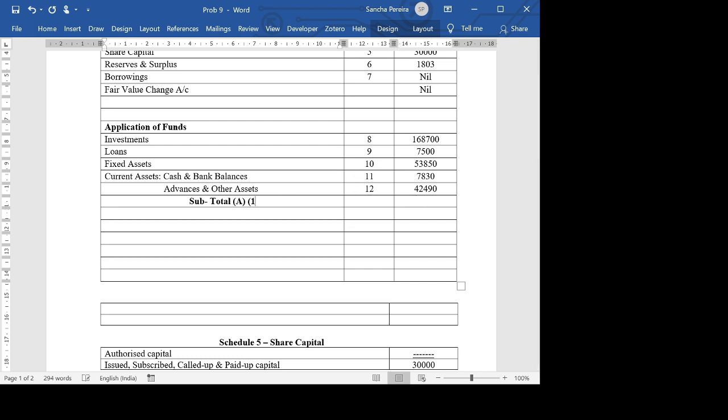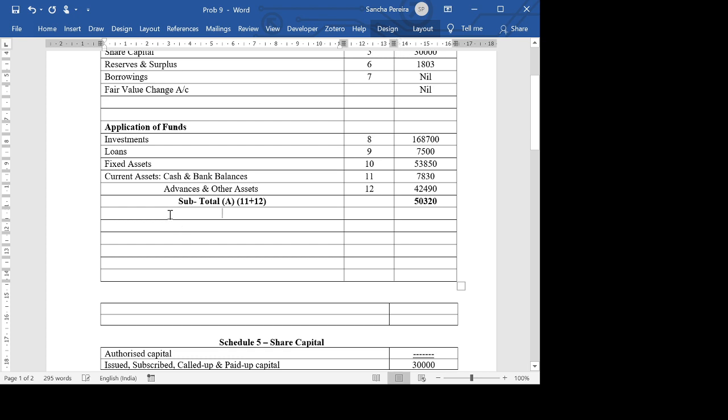You don't need to write this, but to understand it better, it's 7830 plus 42,490, which comes to 50,320. So this is subtotal A, only the total of current assets. 8, 9, 10, like we have done before, I add towards the end.